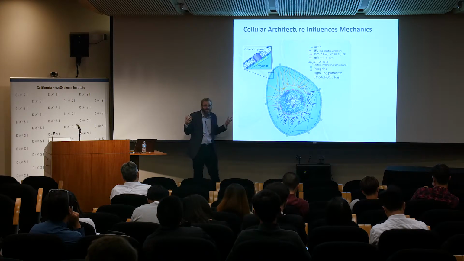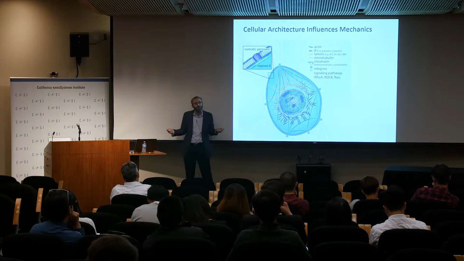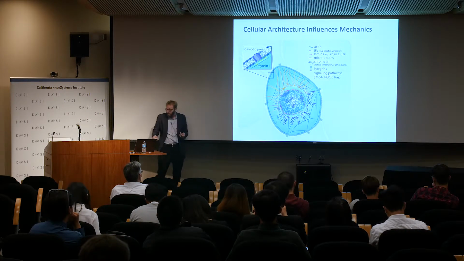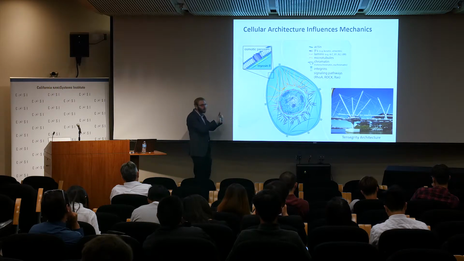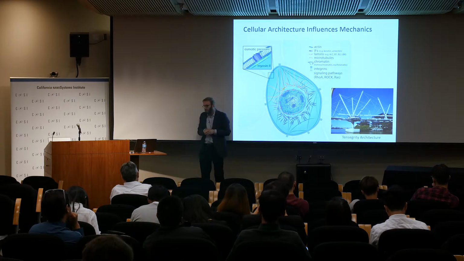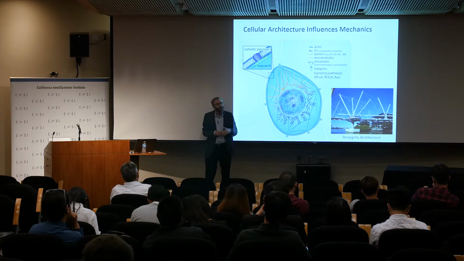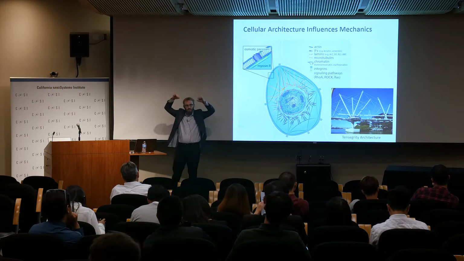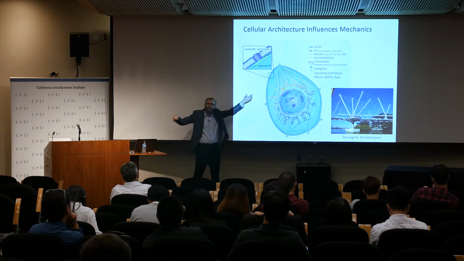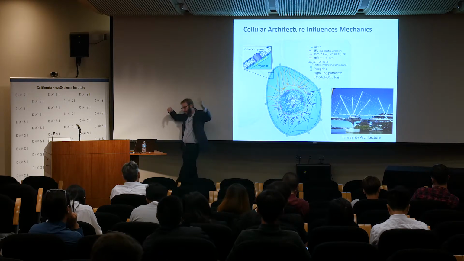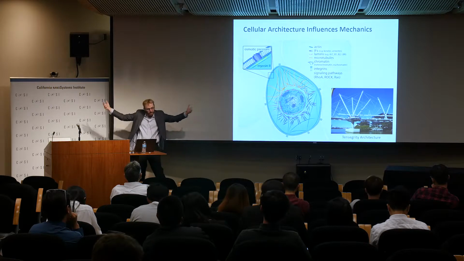The cell has what's called a cytoskeleton, which helps to form its structure. Very similar to the way that some bridges and some architecture are built. This is called tensegrity architecture, where you use lots of tension in different lines to hold something up. And a cell does a lot of this too. It creates this cytoskeletal structure that holds it together.